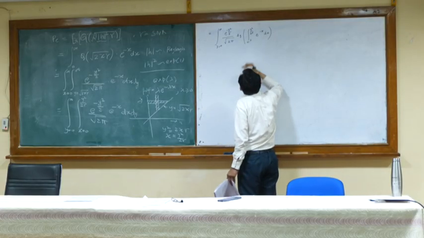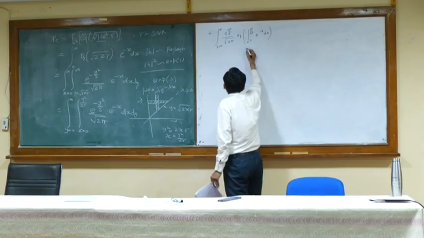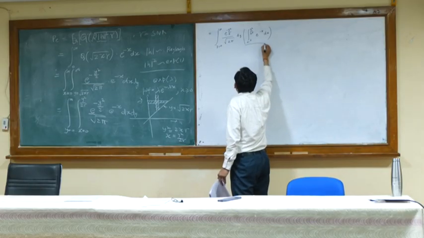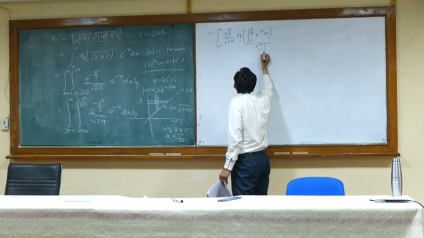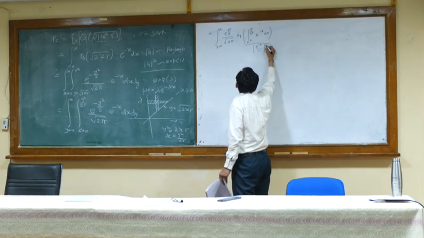So this is x. Okay. So we can solve this. This comes out to be e to the power minus x divided by minus 1, and we can put the limit here, y square divided by 2 gamma.